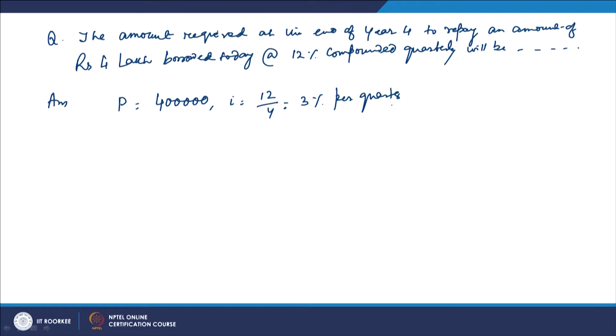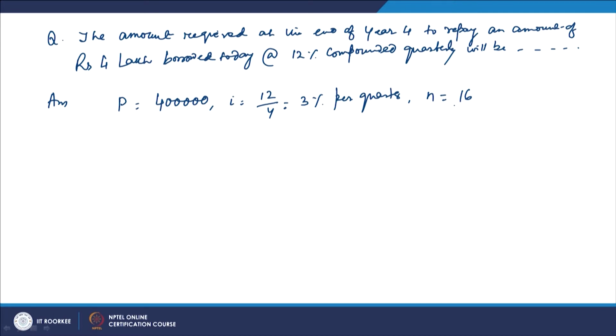Since we want the value after year 4, if the compounding period is 1 quarter or 3 months, then in 4 years there are 16 compounding periods. So, n will be 16.